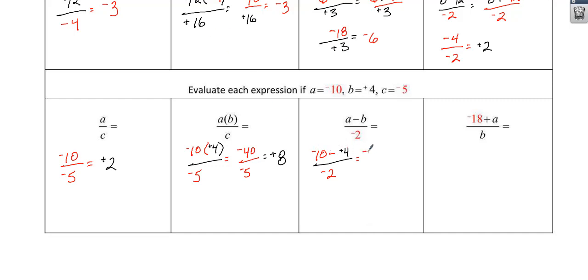So we're going to have negative 10 plus the opposite of positive 4 is negative 4. All of that divided by negative 2. Negative 10 plus negative 4 is negative 14 divided by negative 2. Those signs are the same, so the answer has to be positive. In this case, positive 7.